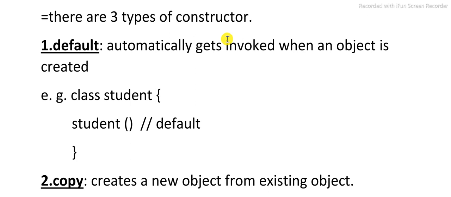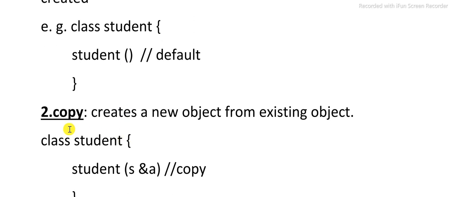There are three types of constructor. First one is default, which automatically gets invoked when an object is created. When you create an object of the class, it is created. Example, class student, this is the default constructor for this class. Now copy: it creates a new object from an existing object.